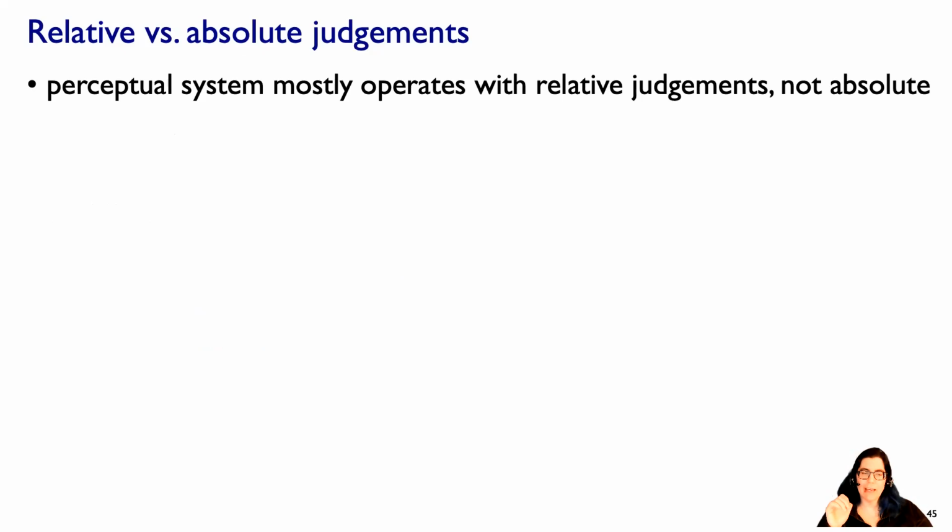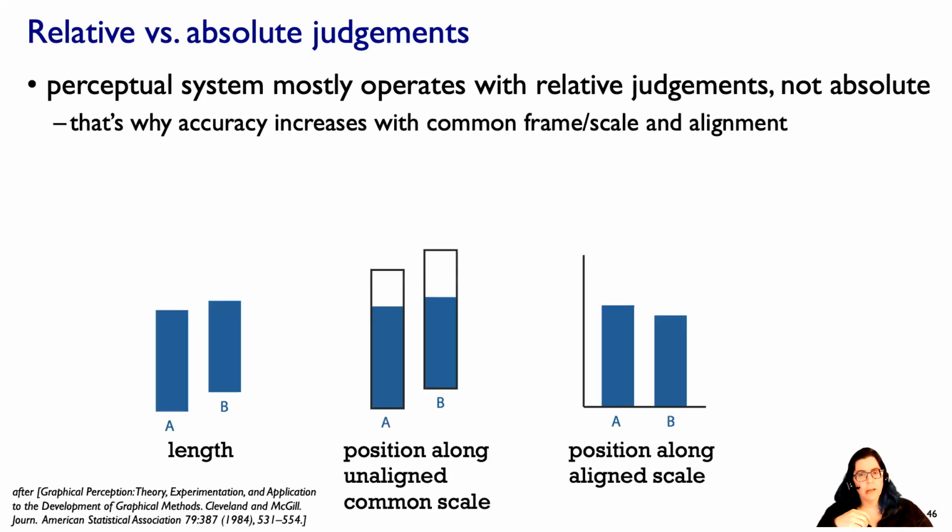It turns out we're not that good at absolute judgments. We might think we are, but what we're really good at is making relative judgments. And in many cases, the difference between those is not obvious to us. So let's look at an example. Why does our accuracy of perceiving things increase when we have a common frame or they're aligned?